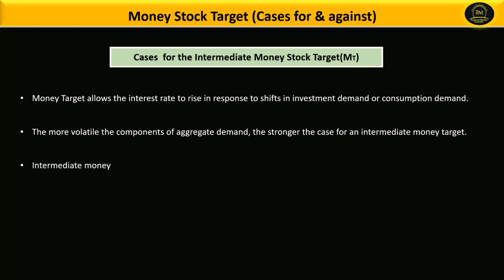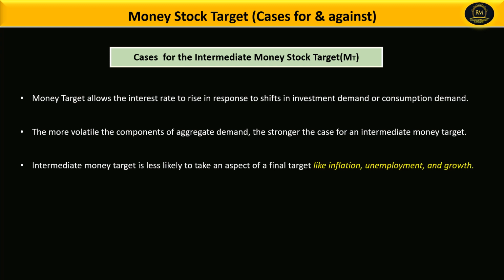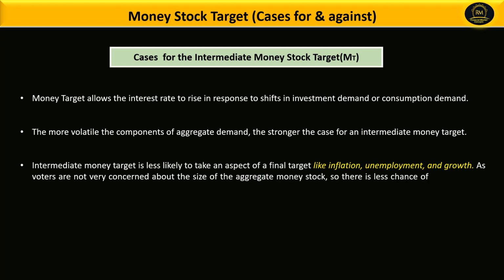The second point in favor of the intermediate money target is that it is less likely to take the aspect of final targets like inflation, unemployment, growth, which are very sensitive. They always attract the interest of the voters in the country and can create agitation if there is high unemployment or low growth or high inflation.